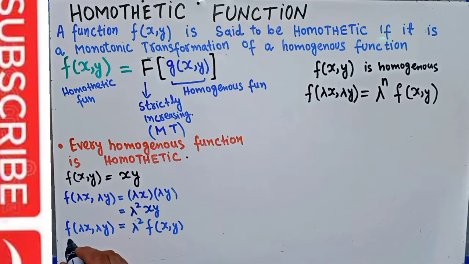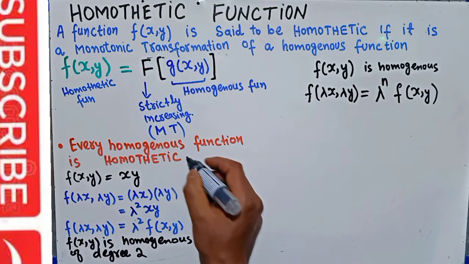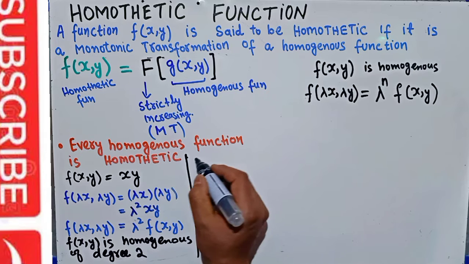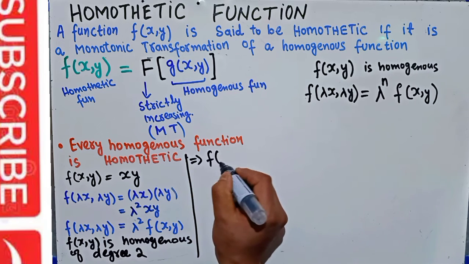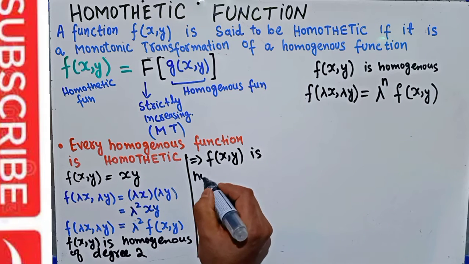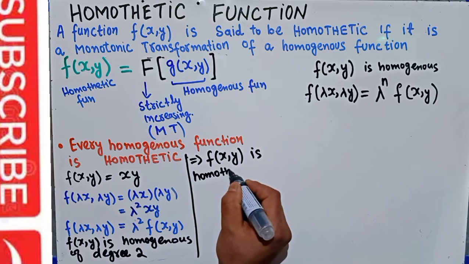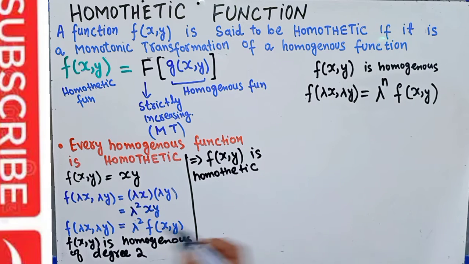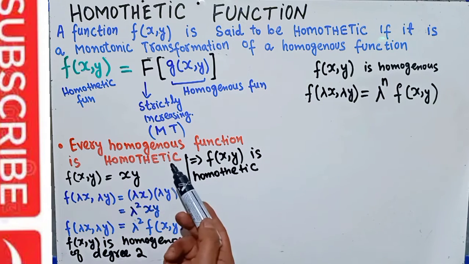So f of x, y is homogeneous of degree 2, which implies f of x, y is homothetic also, because we know that every homogeneous function is homothetic.